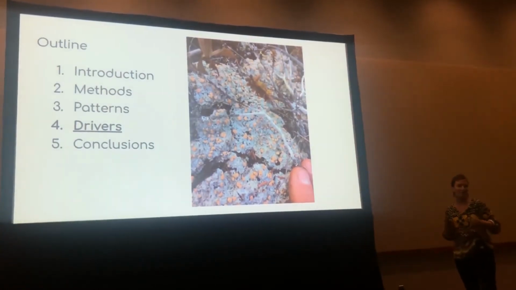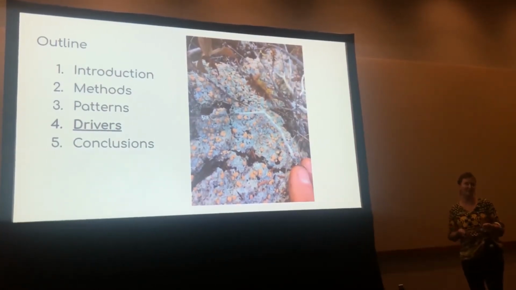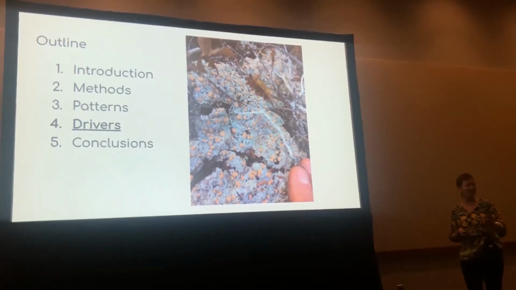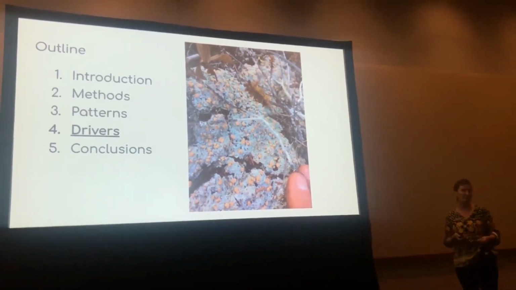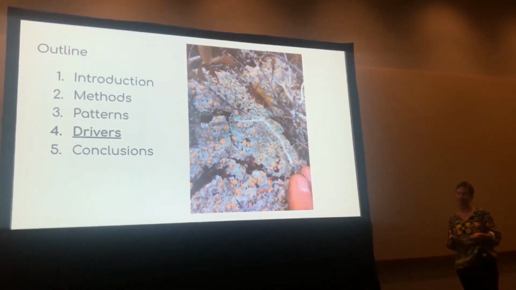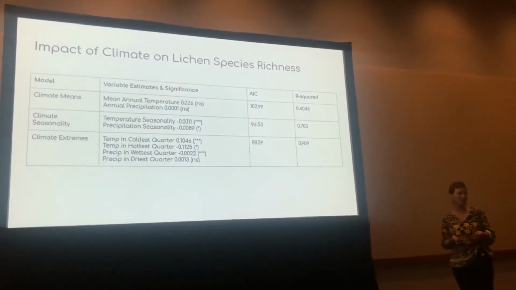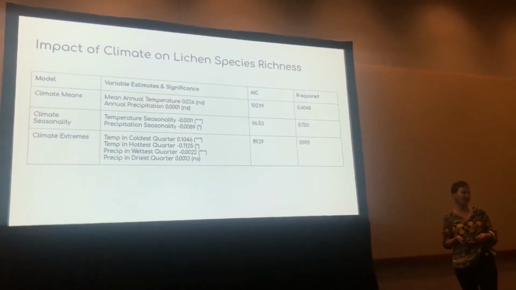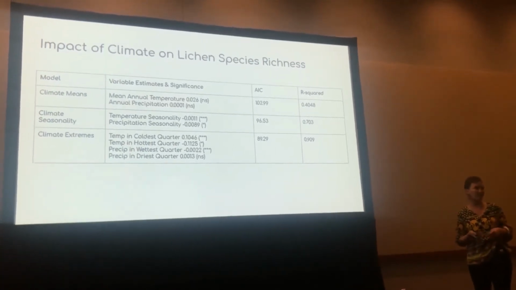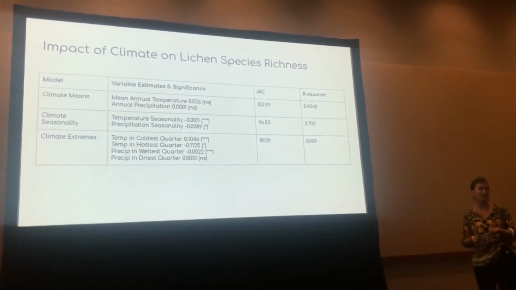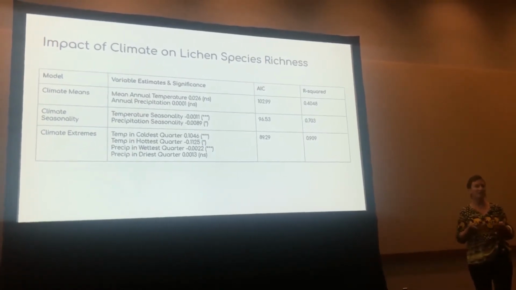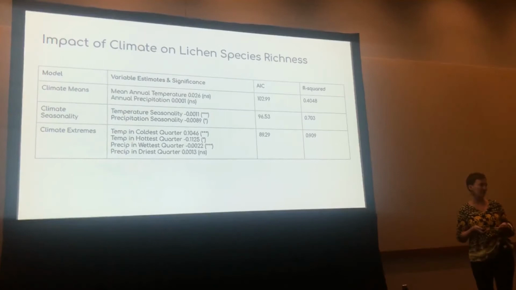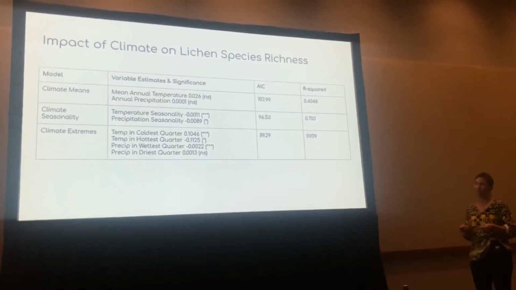So this is going to be very brief, and again, you'll see from my models that I think we need to use some better models here, but I just wanted to look at some potential climatic drivers of these patterns. In terms of lichen species richness, we broke these models down into three different categories: annual means and what impact those have, seasonality of temperature and precipitation, and then actually looking at extremes of temperature and precipitation and which one is the biggest driver.